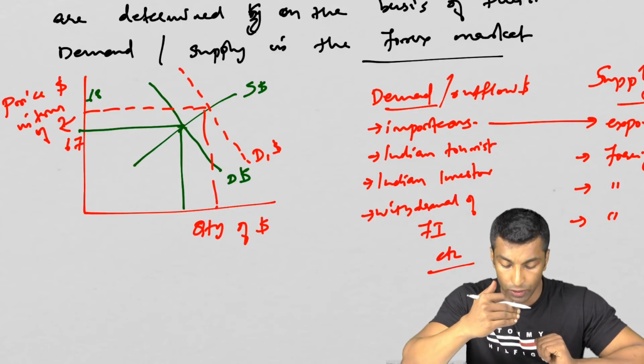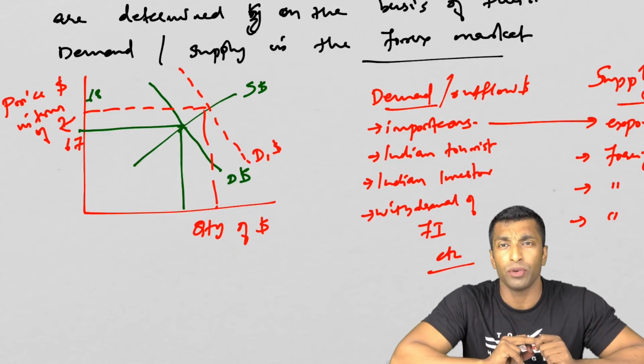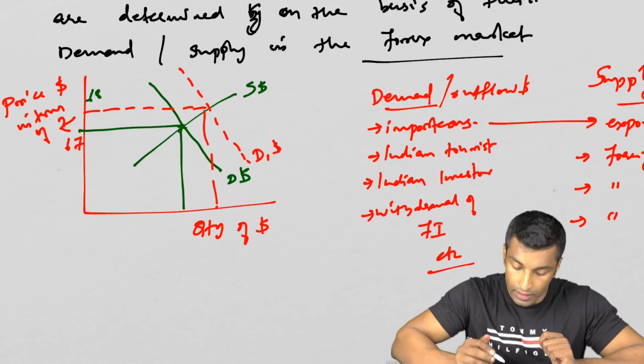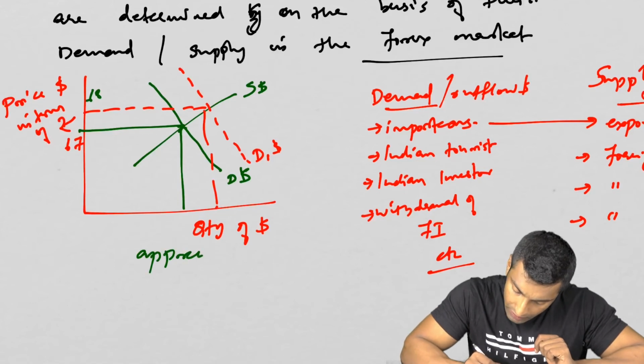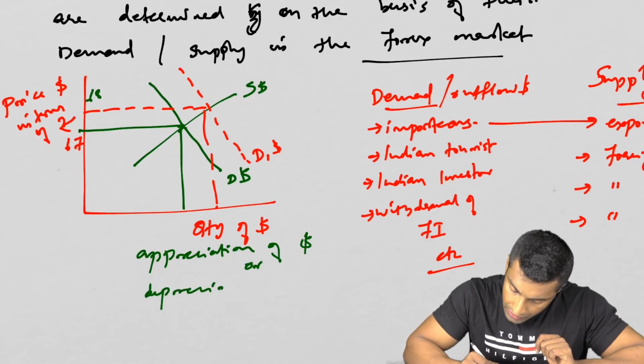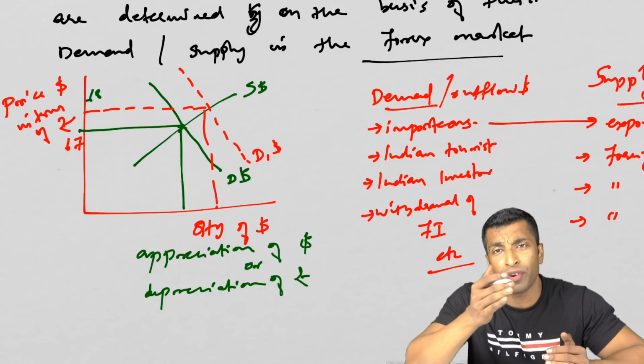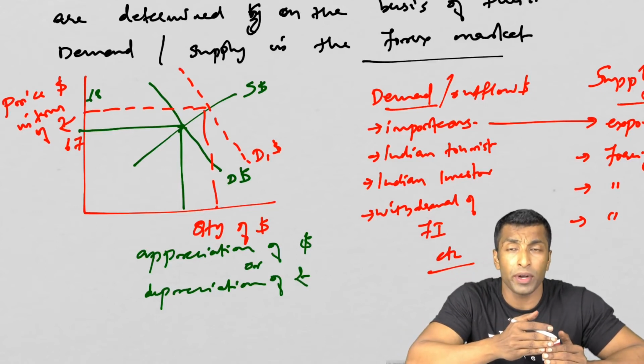Or in other words, you can say this leads to appreciation of dollar, or automatically you can say depreciation of rupee. So here what happened? Appreciation of dollar or depreciation of rupee.